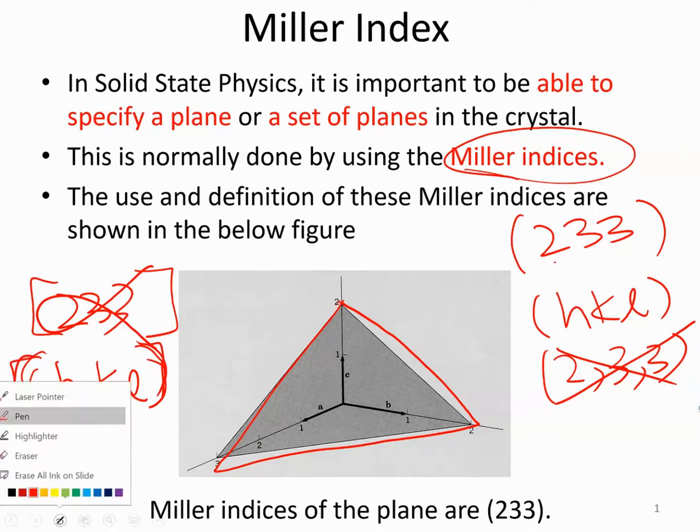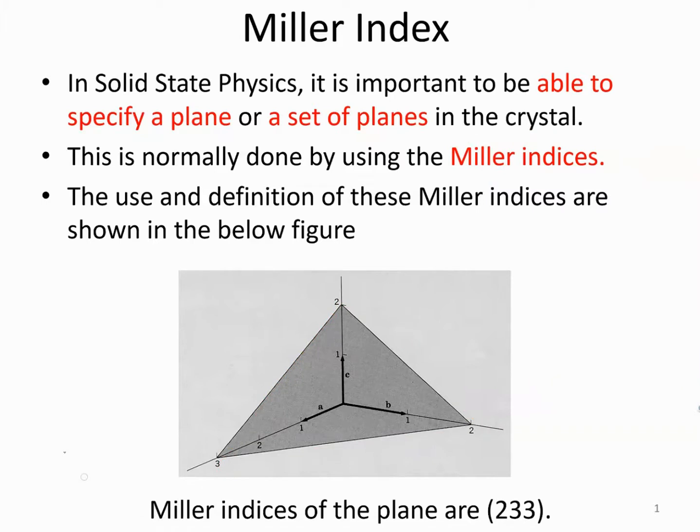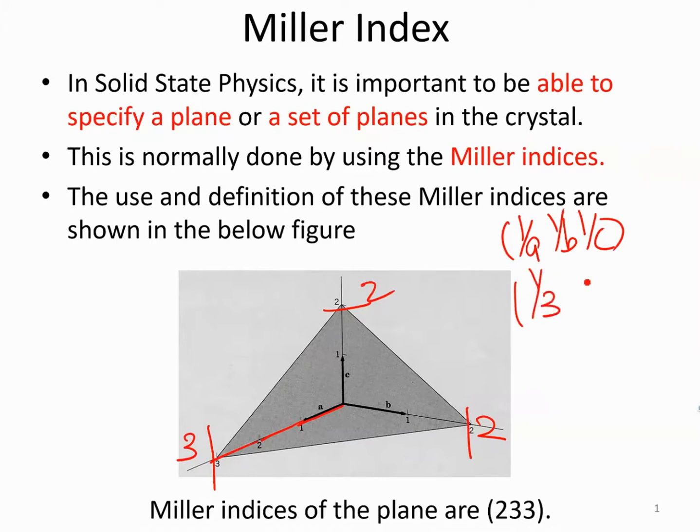Then how do we determine the Miller index for this plane? Very simple. The value for A is 3, the value for B is 2, the value for C is 3. So the bracket is 1 over A, 1 over B, 1 over C. What do we get? You get 1 over 3, 1 over 2, 1 over 2.